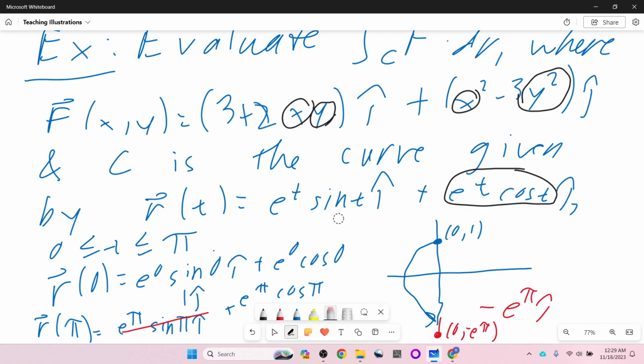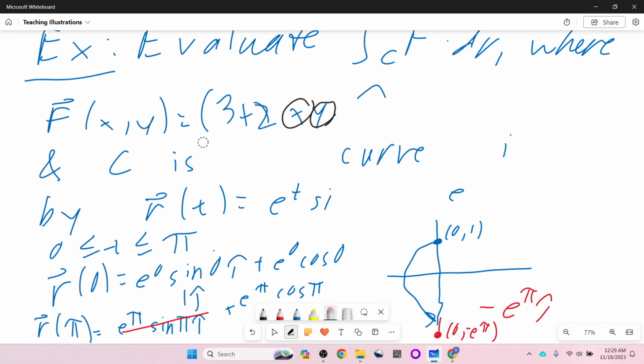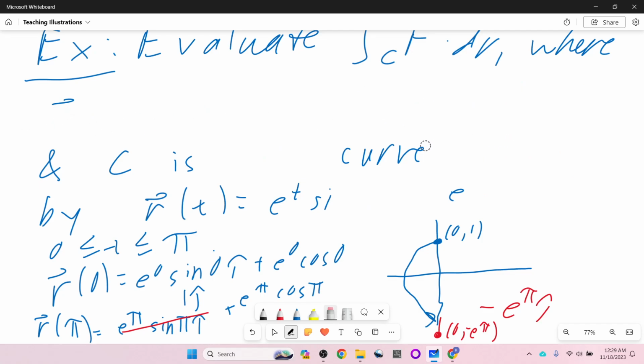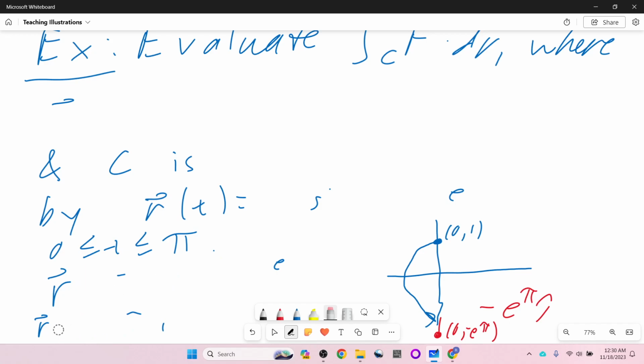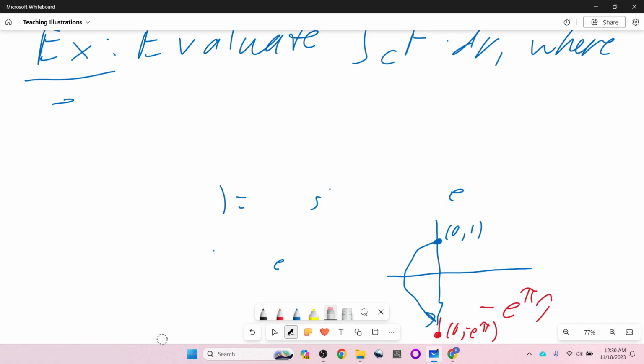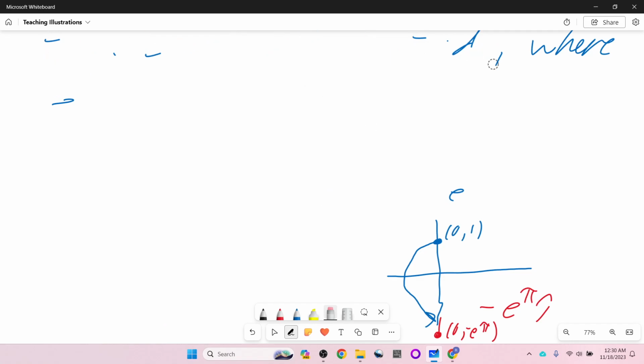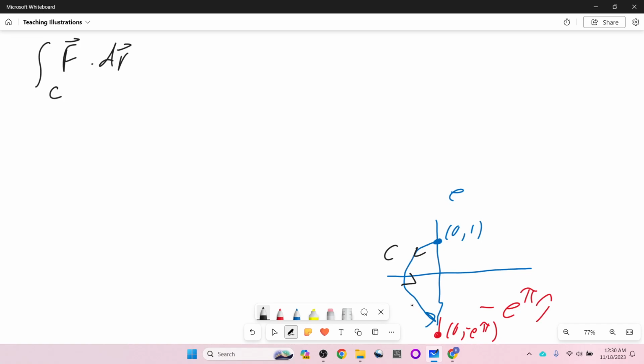So instead, we're just going to say this vector field is conservative, and we know its potential function. So we can just plug in the beginning and plug in the end. So I'll say the integral F dot dr along C, and again the direction does matter, would be equal to f of the endpoint, 0, negative e to the pi, minus f of the start point, 0, 1.